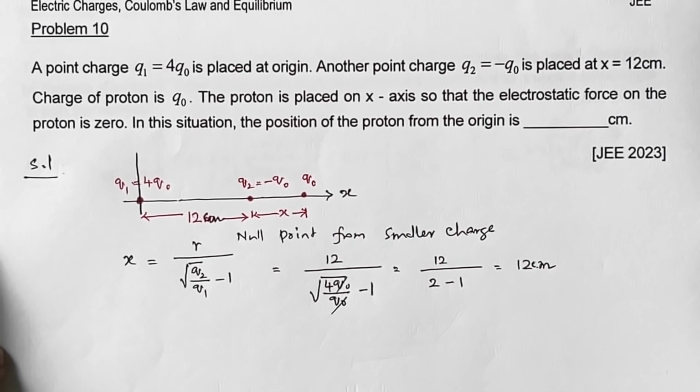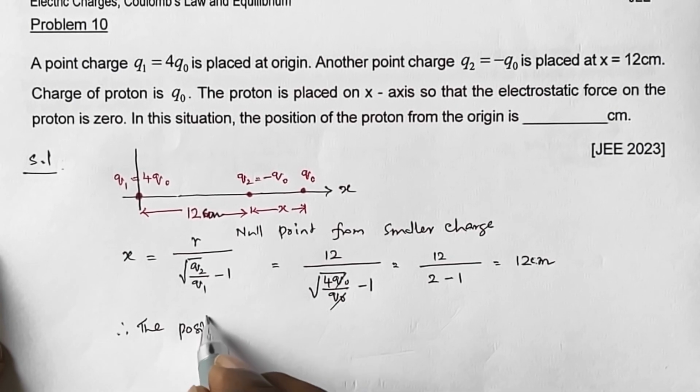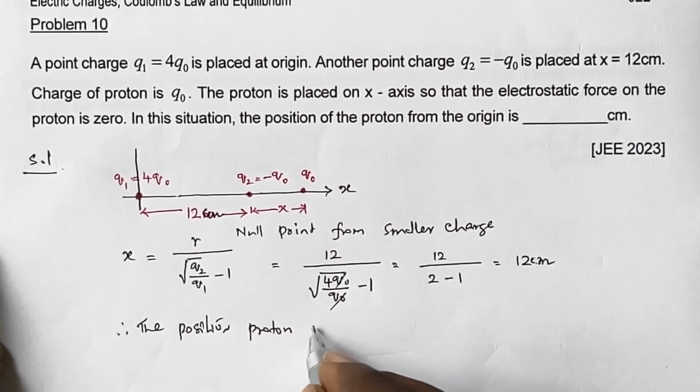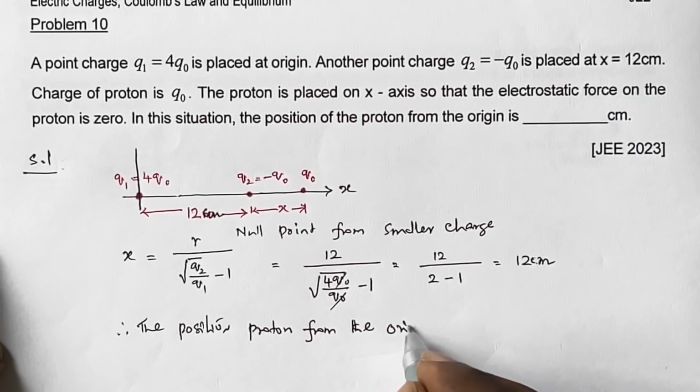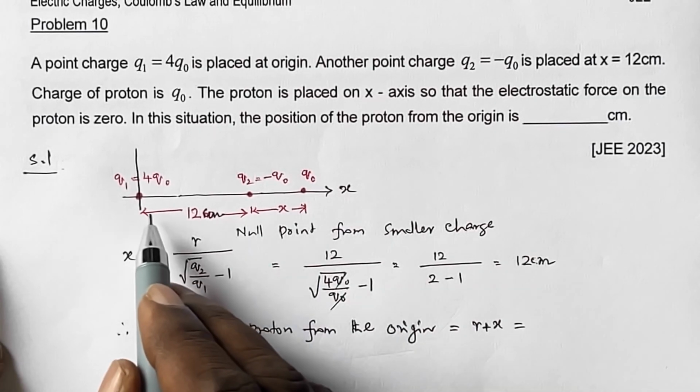So what is the position of the proton from origin, they asked. Therefore the position of proton from the origin is equal to R plus X from the origin.